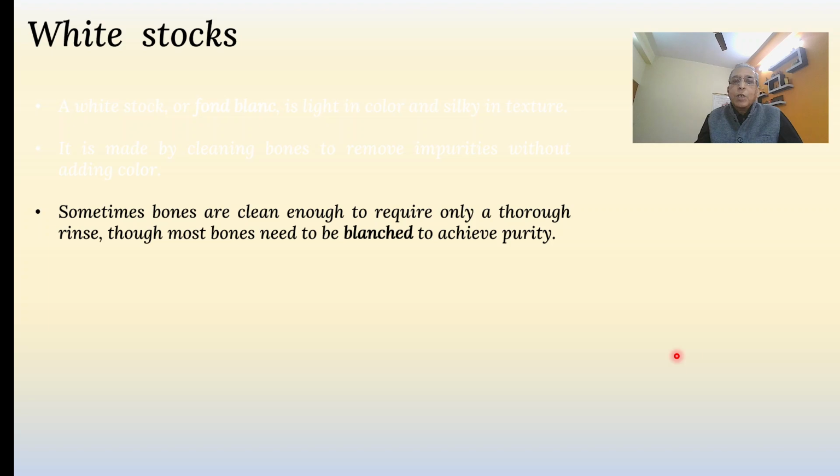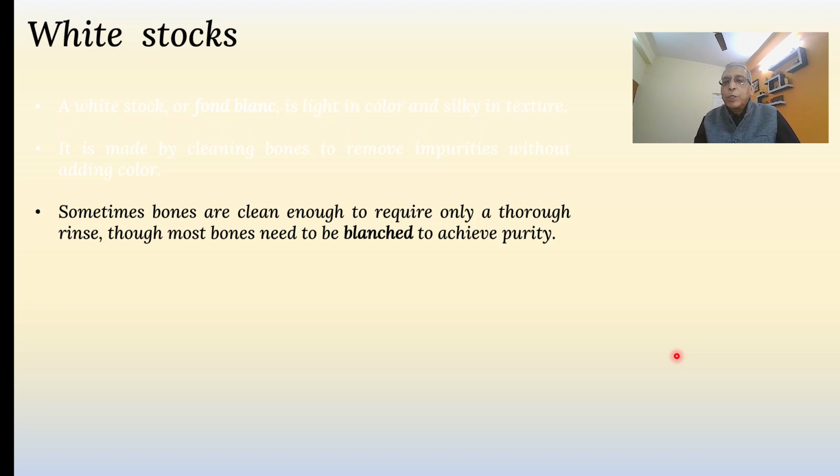Sometimes bones are clean enough to require only a thorough rinse, though most bones need to be blanched to achieve purity. There are two ways. One is, if bones are very clean, you can rinse them in water for some time to remove the superficial dirt from the bone.